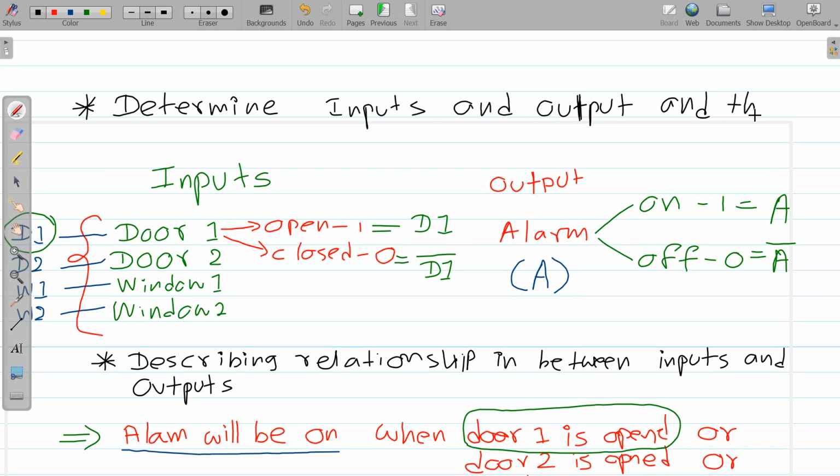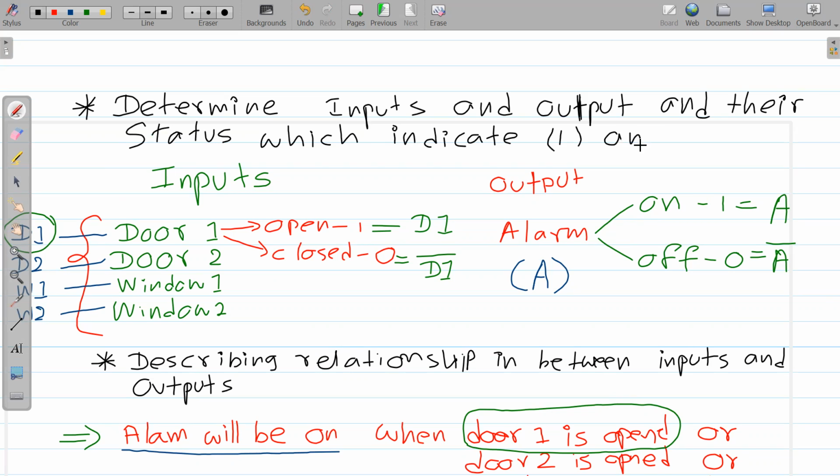And most importantly, their status, which indicates one and zero. Right? So we declare what the inputs are, what the outputs are, and we determine how the states are going to be.